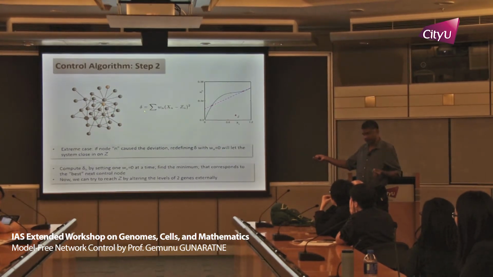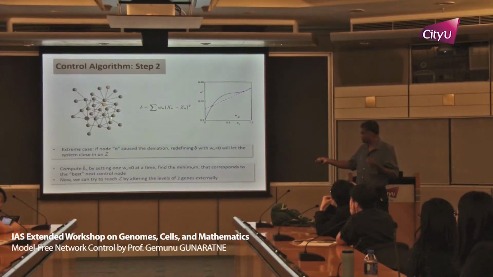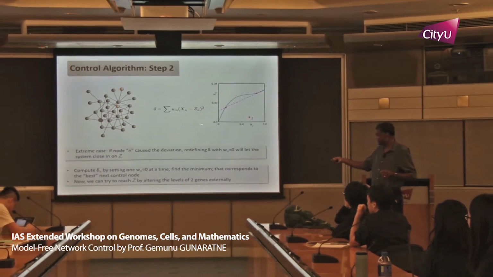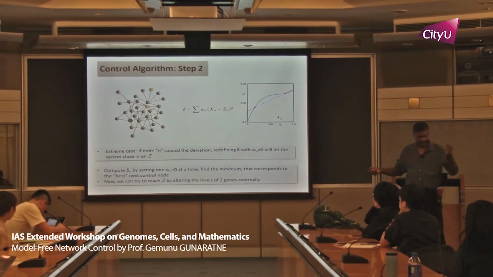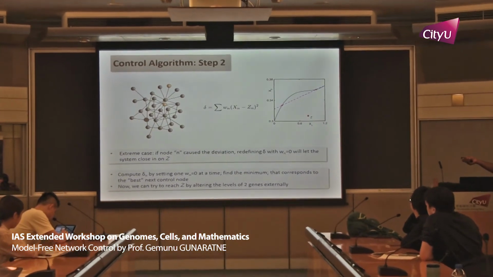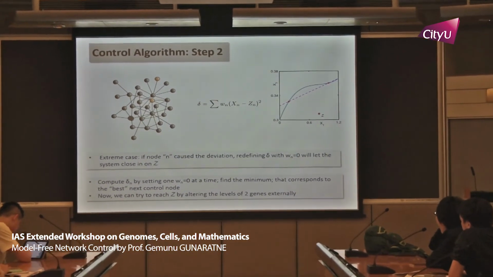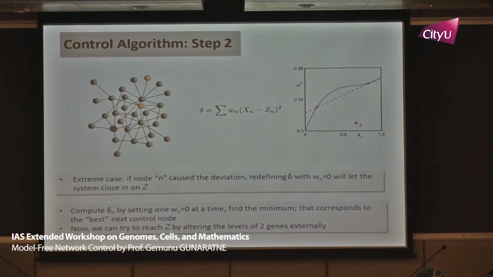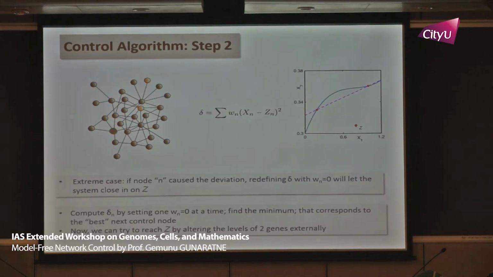Look for the smallest value of delta with these redefinitions. So I'm ignoring one node at a time and seeing what the delta is. When that delta is minimum, take the corresponding node as the one that I should be changing. It's a very simple idea. All of it is got from data.